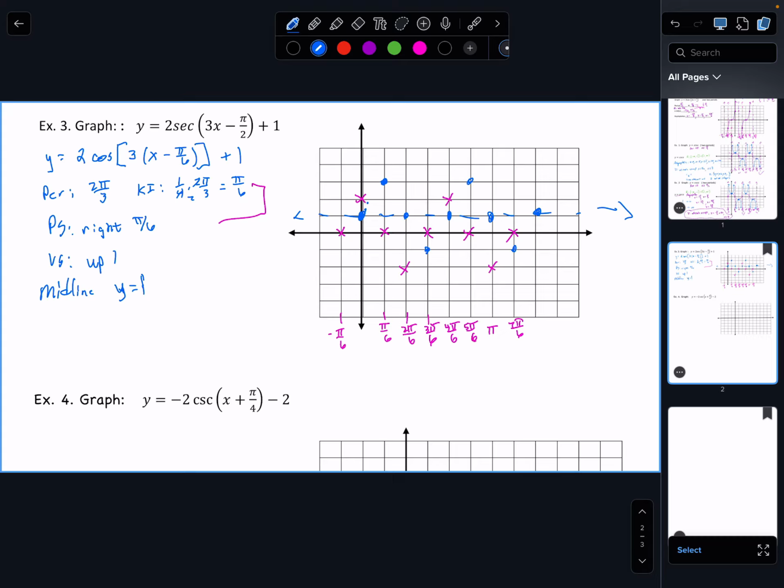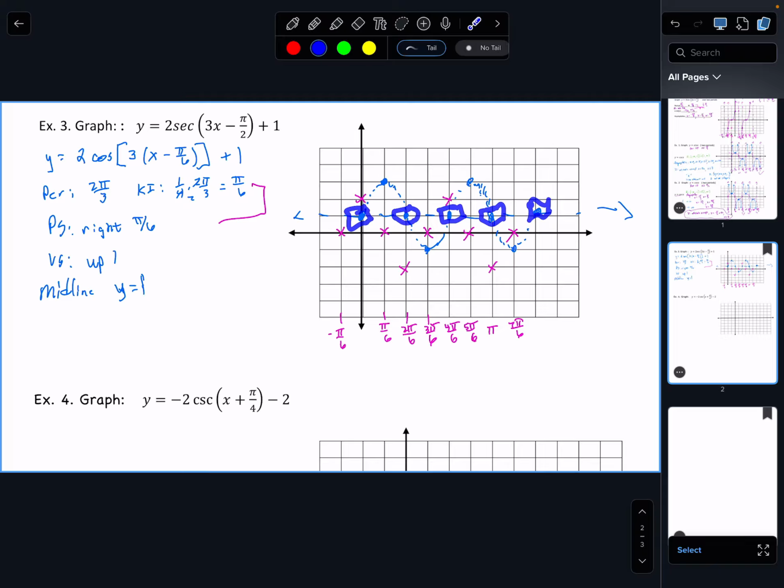And so the cosine, not that you have to draw it in here, but it might be helpful to you. And then it is at these places where cosine hits the midline that were the zeros, and that's where you get your asymptotes.